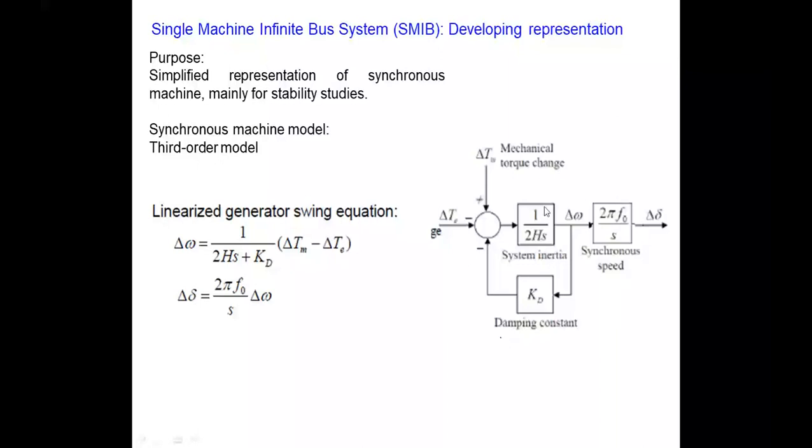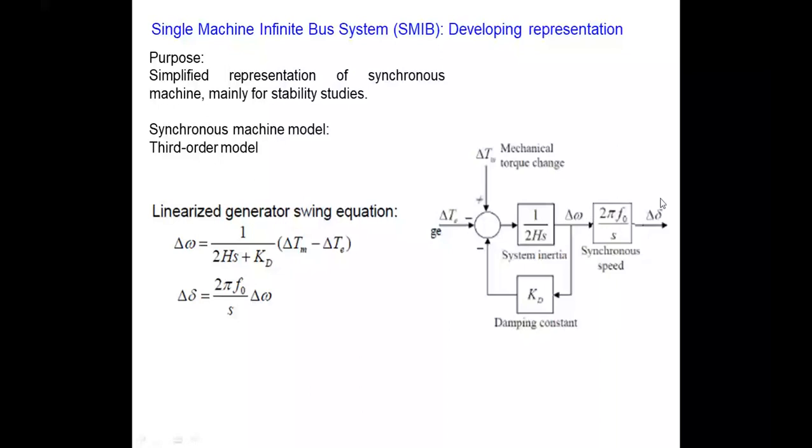So you can see 1 over 2Hs plus KD, which is the damping factor and the system inertia, and then the rotor angle delta is the integral of omega.